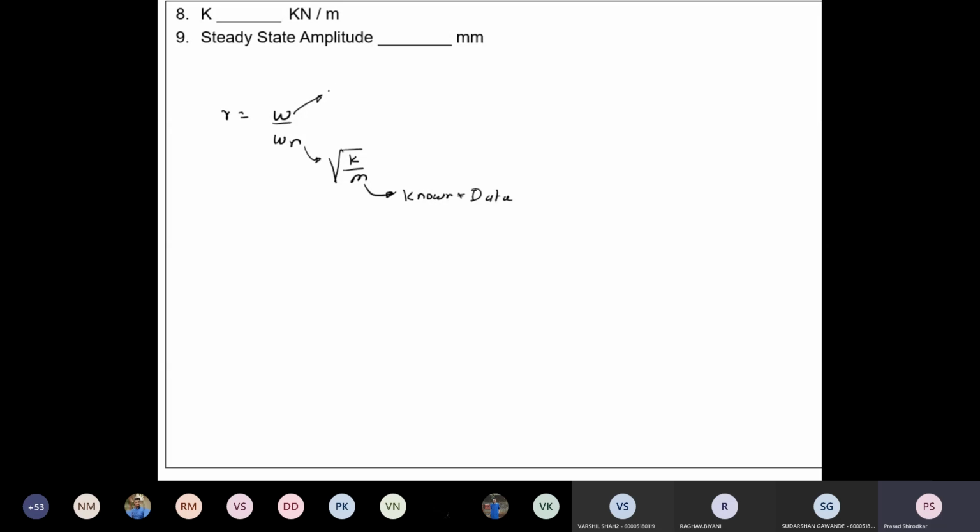Okay, this is also given in the data. R is nothing but RA that you have calculated, so you have to find out k in this thing. All right, and for steady state amplitude it is x divided by m0e divided by m is equal to RA square upon RA square minus 1. All right, so here you have to find out x. Now when you are writing the answer, k should be in kilonewton per meter and steady state amplitude is in millimeters.